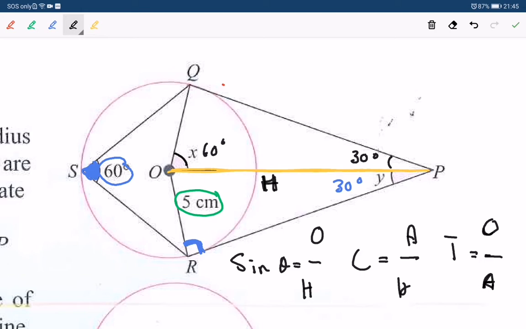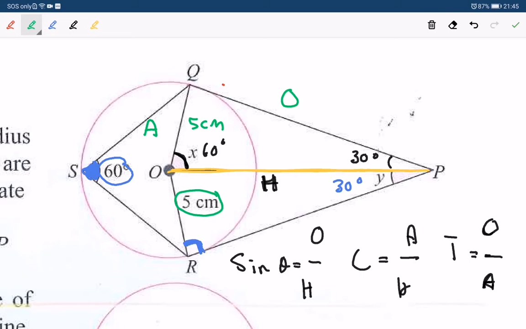We will get the same answer, but first you need to identify where the positions are, and what the things are that we want to find. First I want to use the angle of 60. So we need to identify 60. Here is the opposite, here is the adjacent, the radius is 5 cm. Okay, we want to find the hypotenuse.